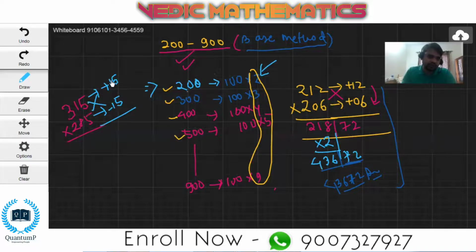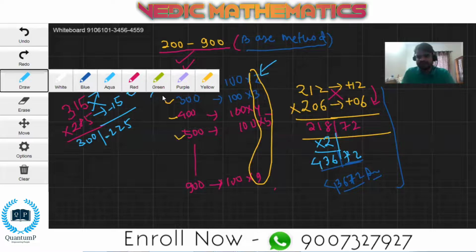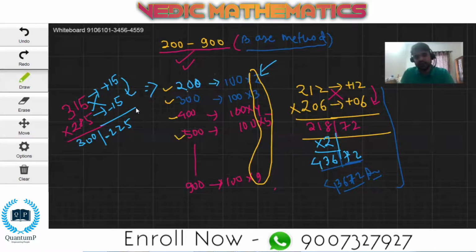If you do the cross, it gives you 300. Multiplying 15 into 15 you get 225 with a minus sign. The minus sign is taken care of by this 300. So first you multiply this 300 with 3, that is 900, and then minus 225.